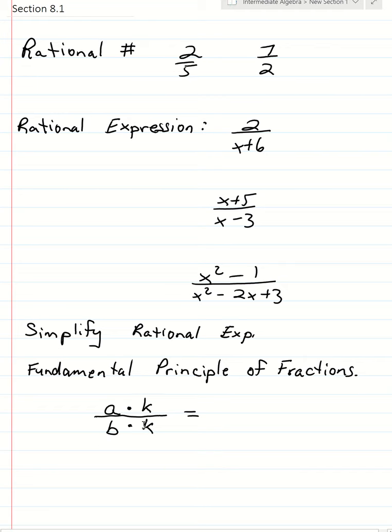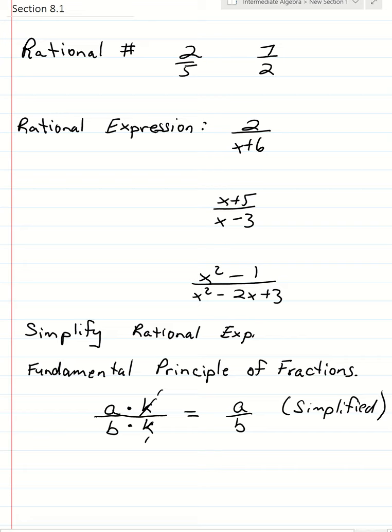And if we have the same quantity k in the numerator and the denominator, and they are being multiplied, we can in fact simplify that expression, because any quantity divided by itself can simplify to the form of 1, and that would leave us with simply now A over B. And this would be considered your simplified form.